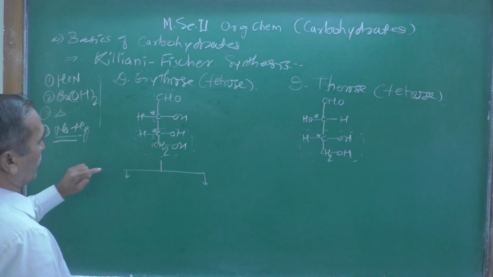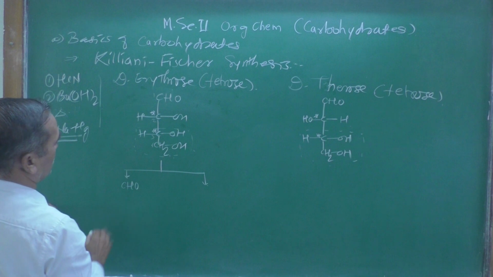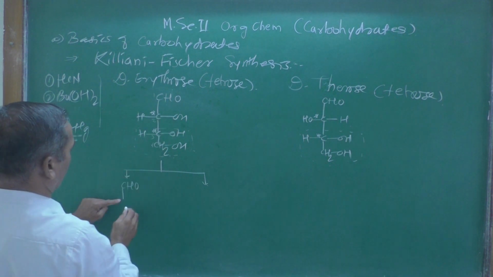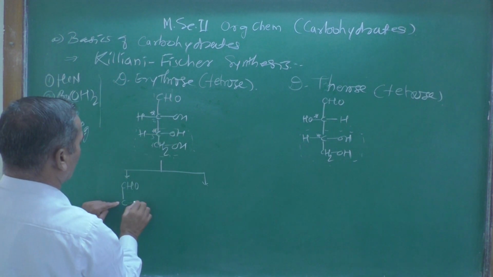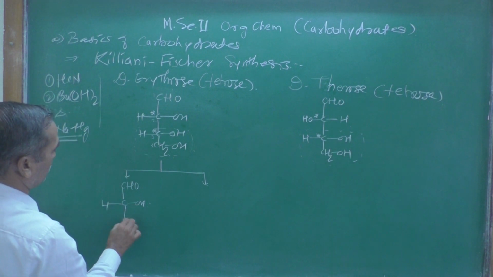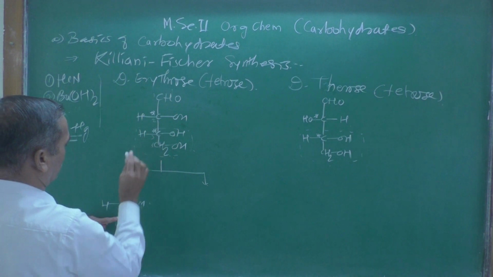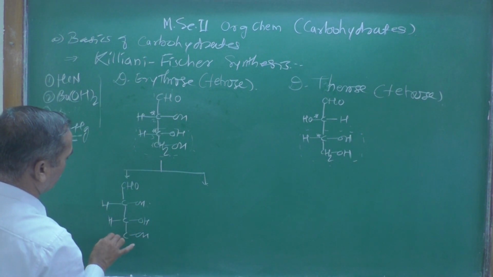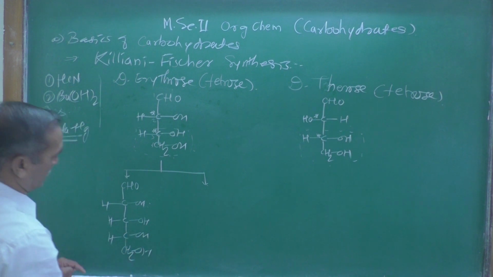Now what is going to happen here: CHO keep as it is, then in the second, the rest of the thing, here we can write OH on the right hand side, here a hydrogen atom, third, fourth, these 1, 2 and 3 you can keep as it is: OH, hydrogen atom, one hydrogen atom, and this CH2OH.